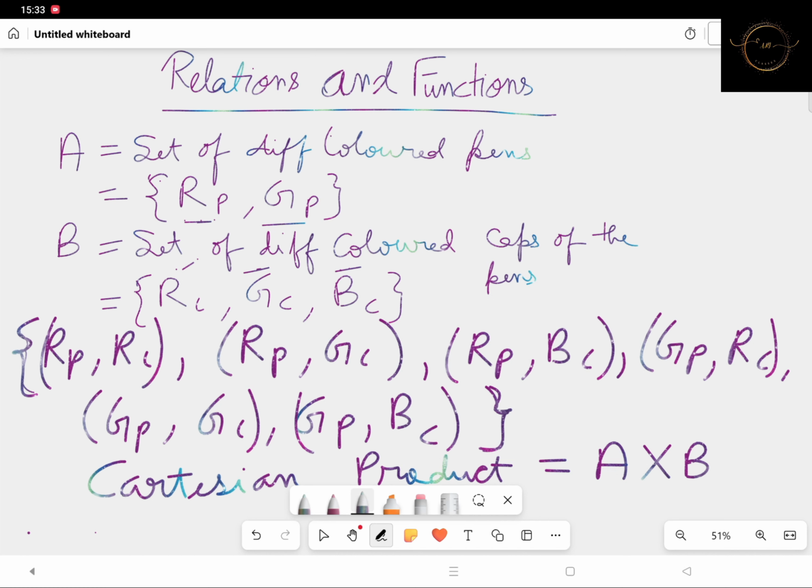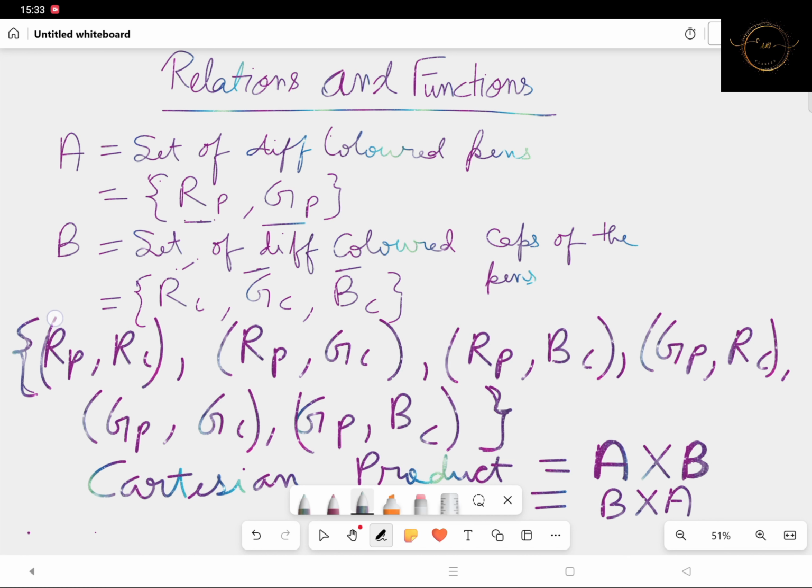Why A and B? Because we took the sets as A and B. Now a question might arise in your minds: why not B cross A? It could be B cross A also. But it will not be B cross A. Why? Because when I am writing A cross B, you can easily understand that A is in the first place, B is in the second place.